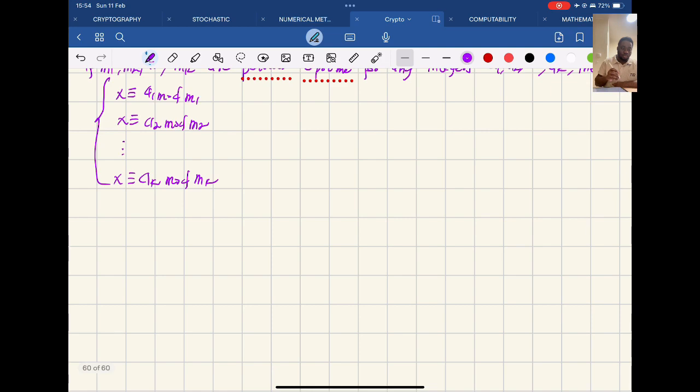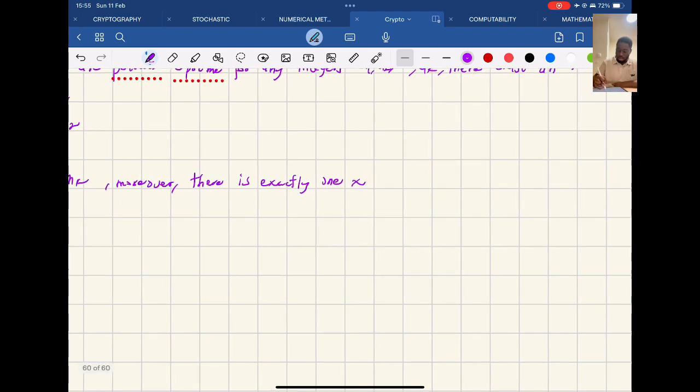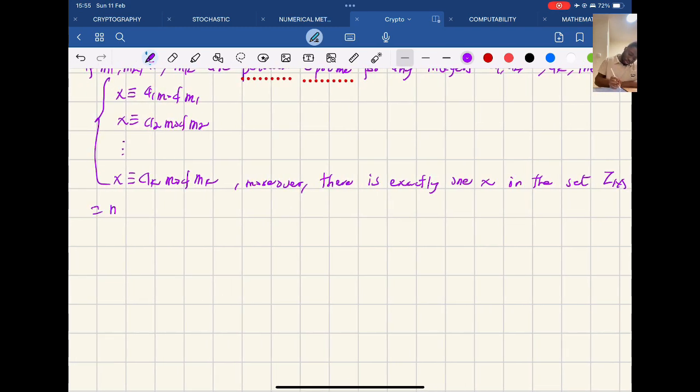And moreover, there is exactly one x in the set Zm, where the capital M is equal to small m1 times small m2 all up to mk.